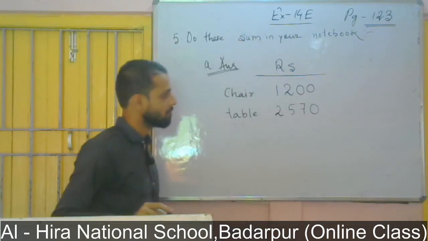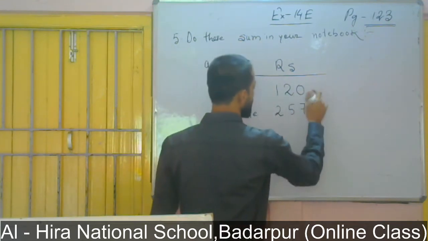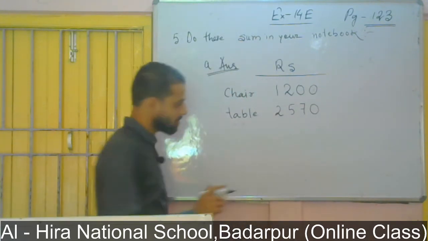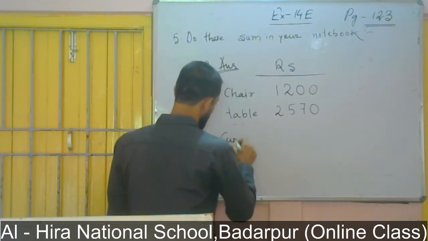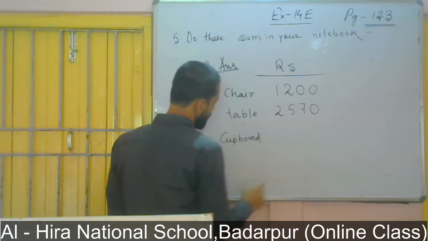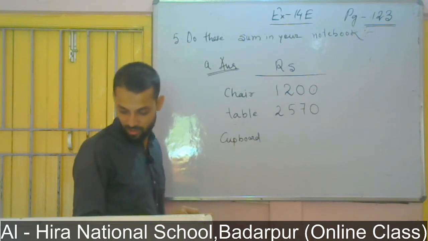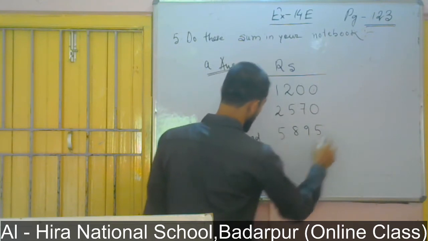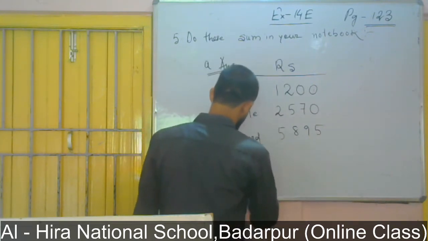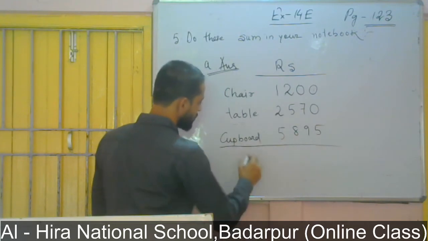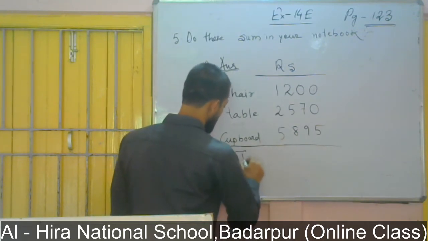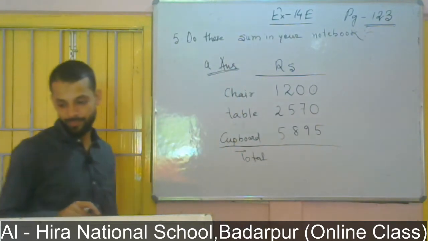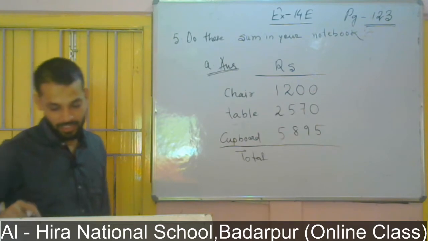Next, the cupboard is 5895. So what we have to do, we have to get the total amount of money here.